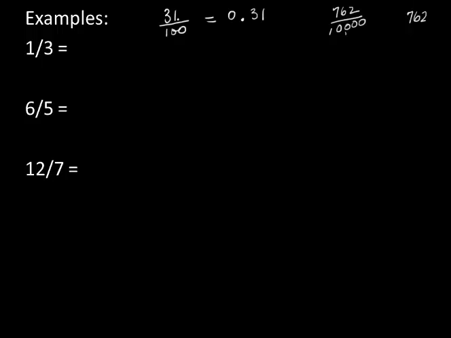The decimal point is to the right of the 2, and you're going to move it 4 places to the left. 1, 2, 3, and 4. So if you have a power of 10 in the denominator, it is very simple. You simply move the decimal point. Now for these other ones, well, let's do 6/5 next.